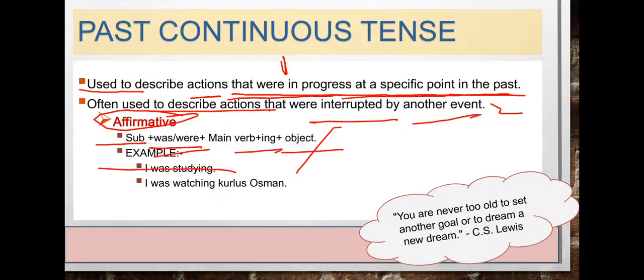Examples: I was studying and I was watching Kurulus Osman. This is a Turkish series we love the most, and I will be watching this series in coming days, ladies and gentlemen.